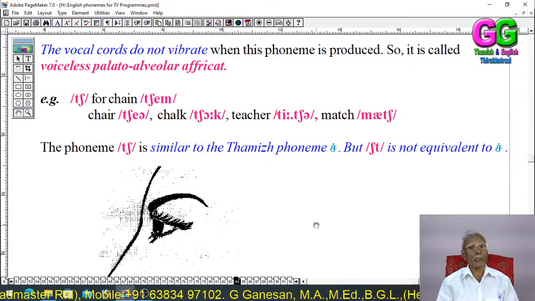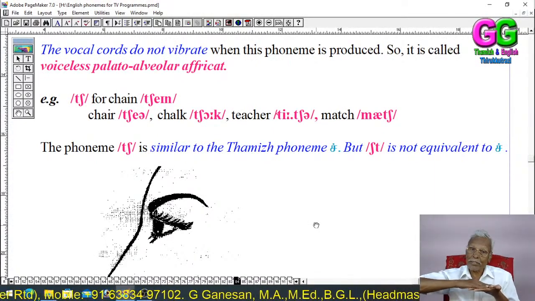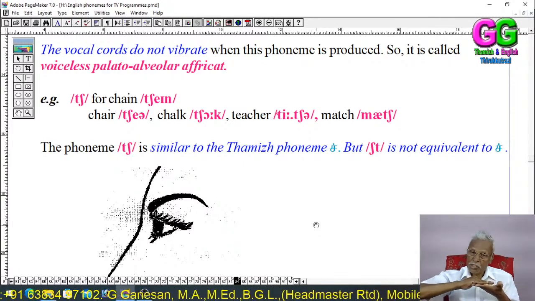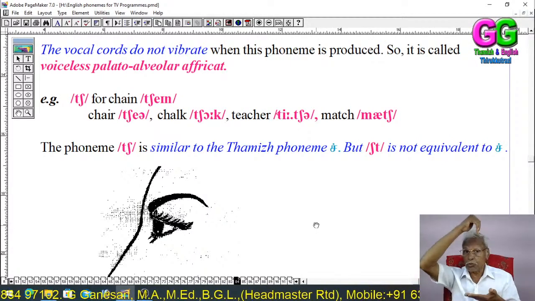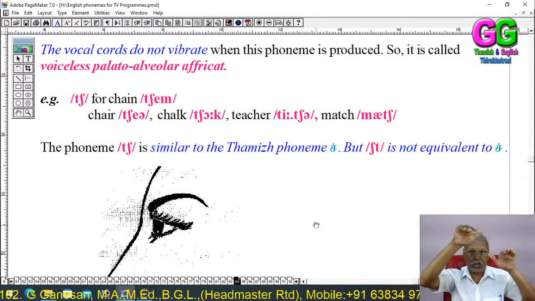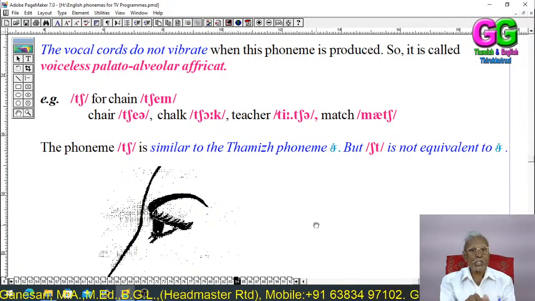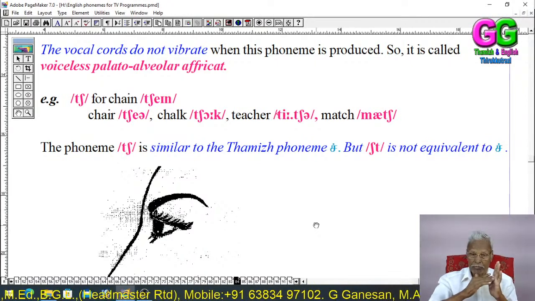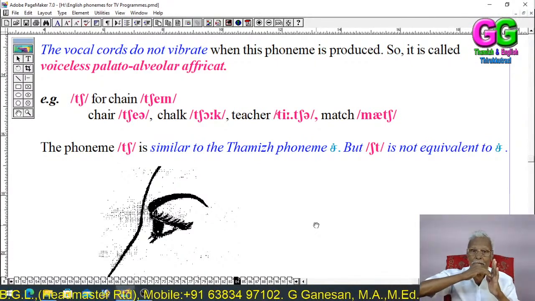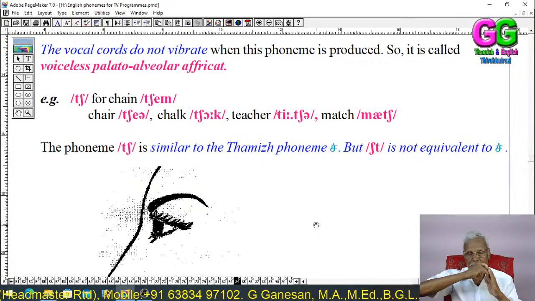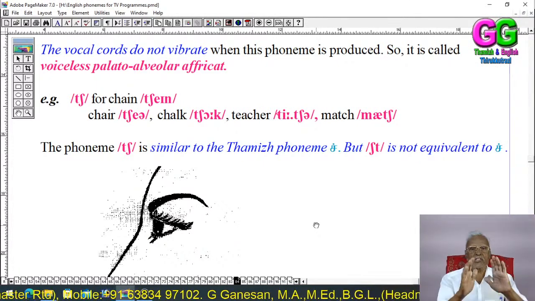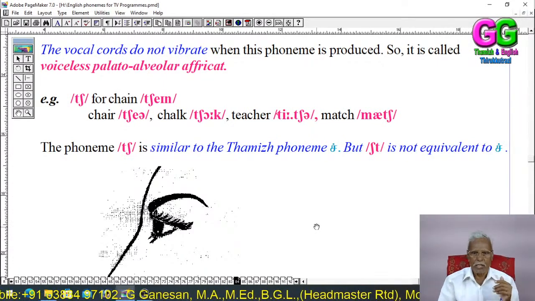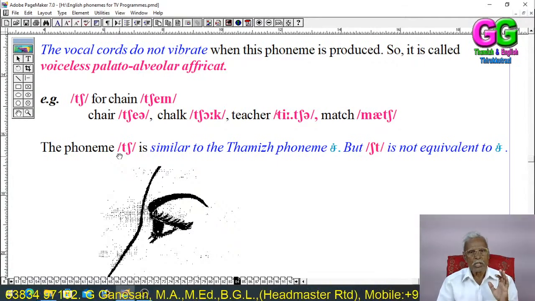The Tamil phoneme is produced by raising the center of the tongue towards the middle of the roof and sounding. But the English phoneme is produced by making contact with the tip of the tongue at the upper teeth ridge and raising the front end towards the hard palate and sounding. So this is the difference. But it is a slight difference; more or less, 80 to 90% the Tamil and English sounds are similar.